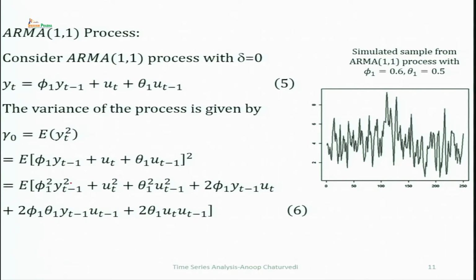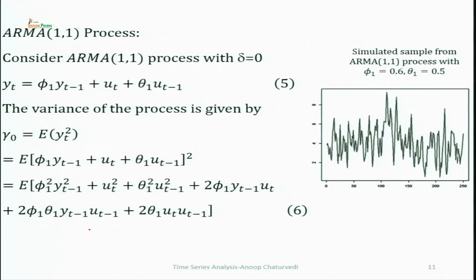Expectation of y t minus 1 square is again gamma 0. So, you have phi 1 square gamma 0 here. Expectation of u t square is equal to sigma square u, then plus theta 1 square, again you have expectation of u t minus 1 square, which is sigma square u, plus 2 phi 1 expectation of y t minus 1 u t plus 2 phi 1 theta 1 expectation of y t minus 1 u t minus 1.